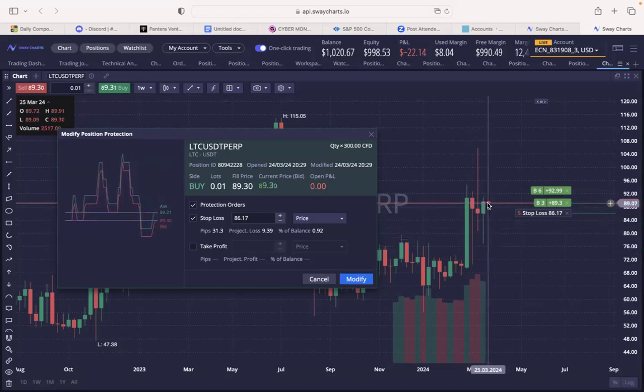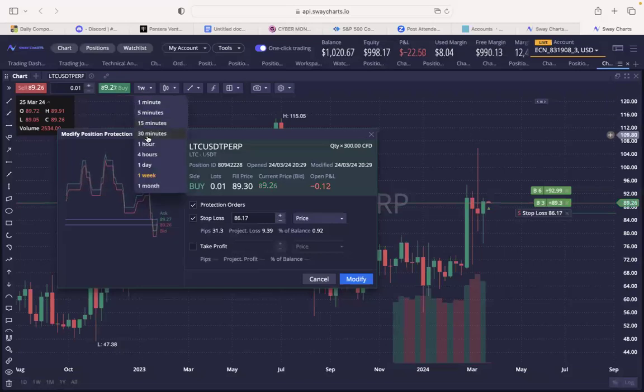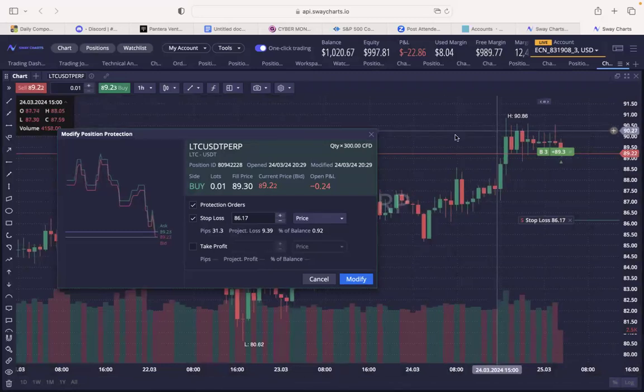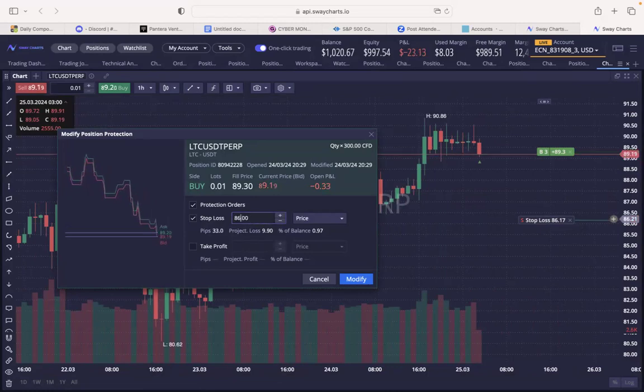So I'll come here. Let's say my stop loss is around, this is a weekly chart, by the way, so the stop loss is going to be bigger. So let me go down to 1 hour. So let's say I put my stop loss at 88.01. So I will come here where it says stop loss.